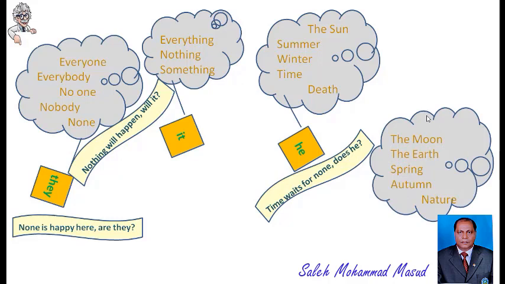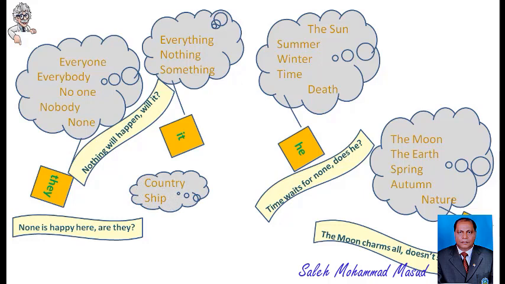There are some words which are remarkable for beauty and gracefulness, like the moon, the earth, spring, autumn, nature. These words are replaced by she. The moon charms all, doesn't she?